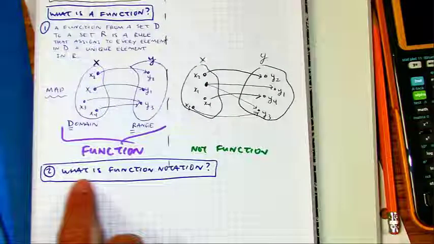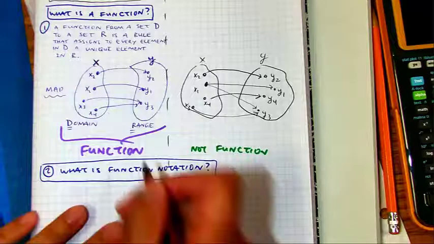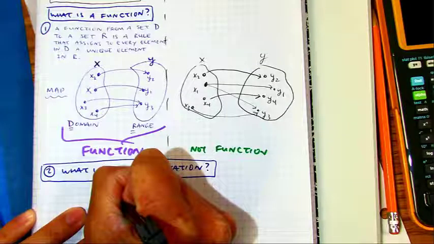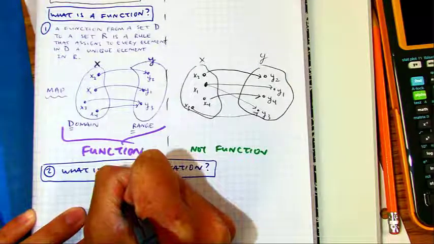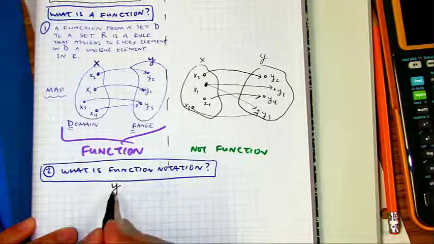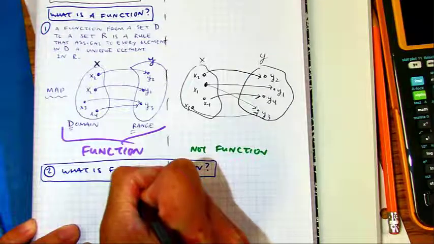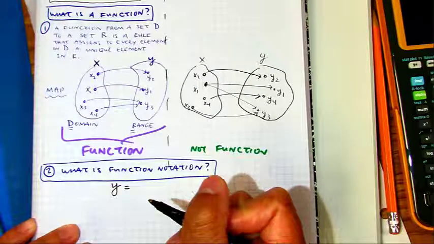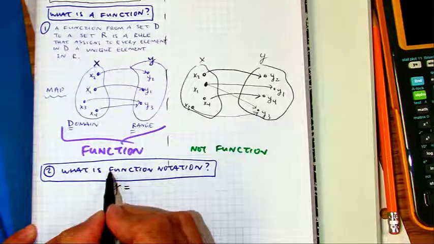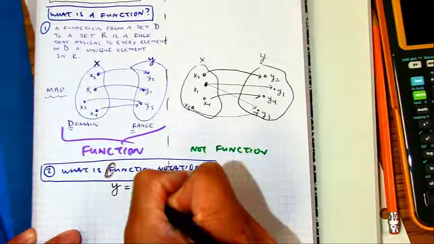What is function notation? Well, we know this. An easy way of saying the vertical axis is called the, which axis? The y-axis. But a fancy way of saying y is, okay, we know it to be the range or dependent, but the notation I'm looking for, function notation, is f of x.